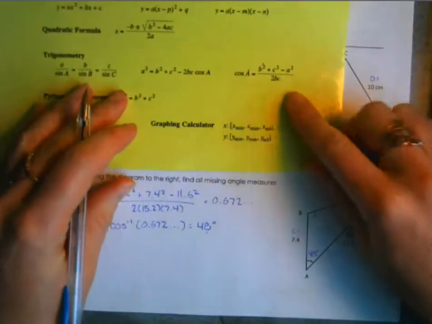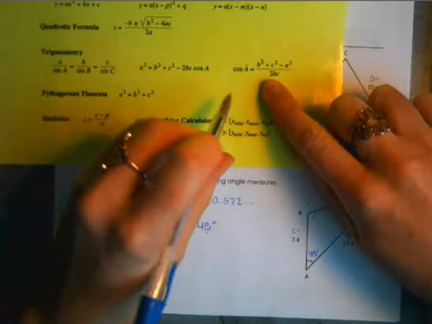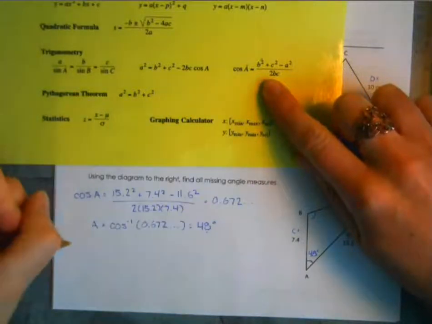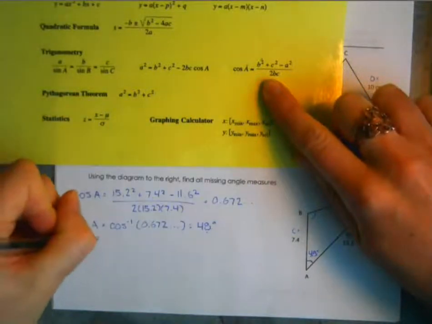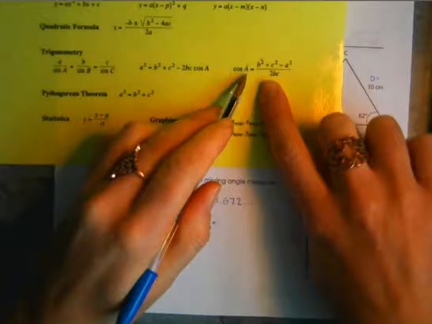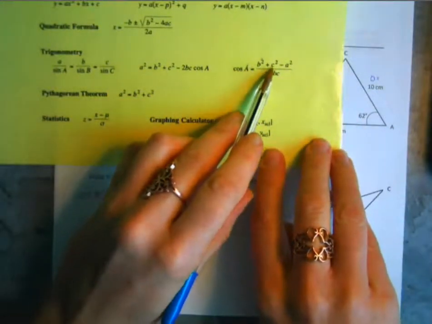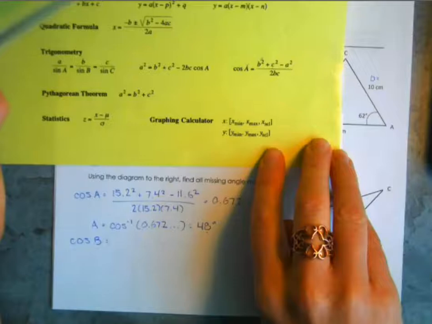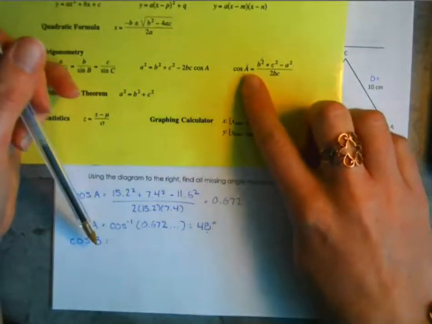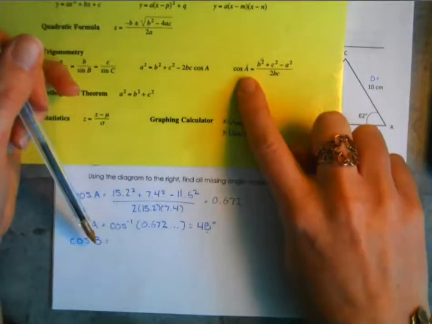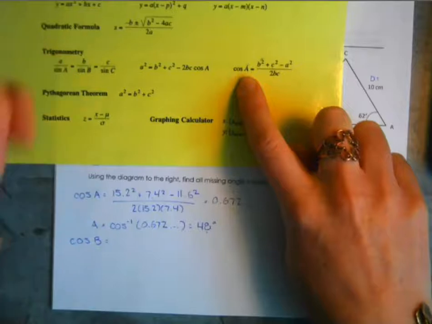So with that, in this case, we're going to be looking for cosine of b. So let's write that out and then think about how that would have to change. So if cosine of b is equal to b squared plus c squared minus a squared, and we're looking for angle b now, basically we want to swap out the corresponding sides.